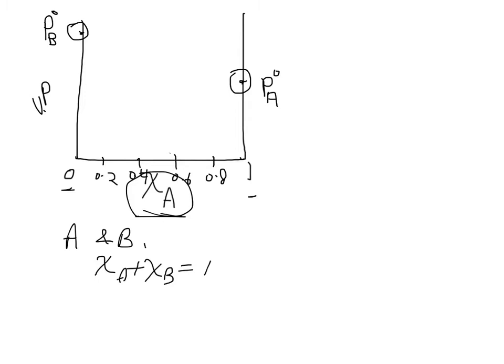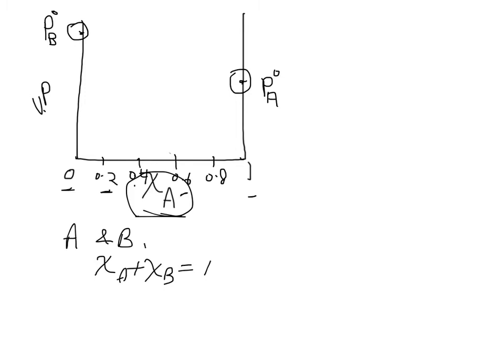So realize that if chi A is 0.2, that would mean that chi B would be 1 minus 0.2, so that will automatically become 0.8 in that case. Likewise, chi B will be 0.6 here, and 0.4 for the chi A value of 0.6, and 0.2 for the chi A value of 0.8.